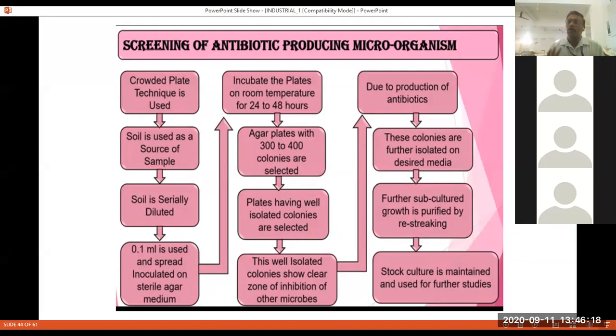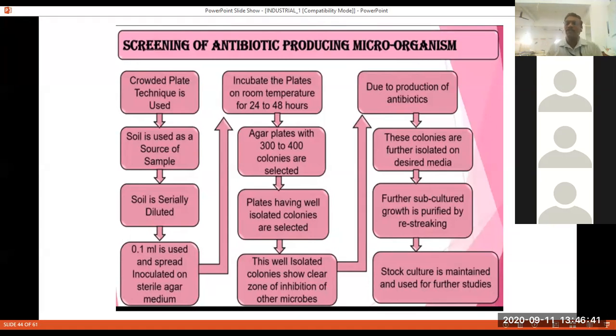Why? Because your soil sample contains bacteria or fungi. If they are fungi, it requires the 48 hour duration because they develop mycelium, and from that mycelium they secrete a small amount of chemicals. Those chemicals we call antibiotics.